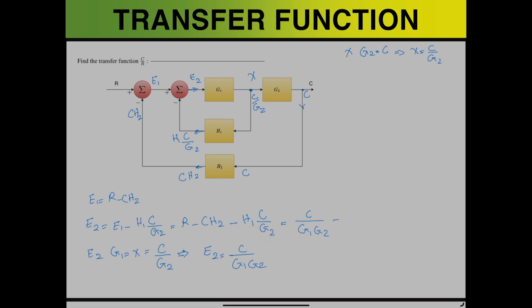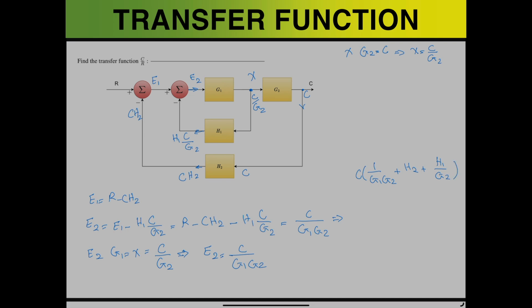So now is the time to simplify this with respect to C. If I factor out C from the right side, I have 1 over G1G2, and I can then move these two terms to the right side of the equation. In that case, I would get plus H2 plus H1 divided by G2.